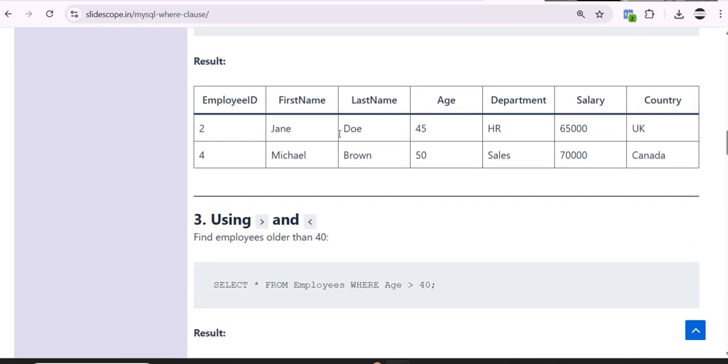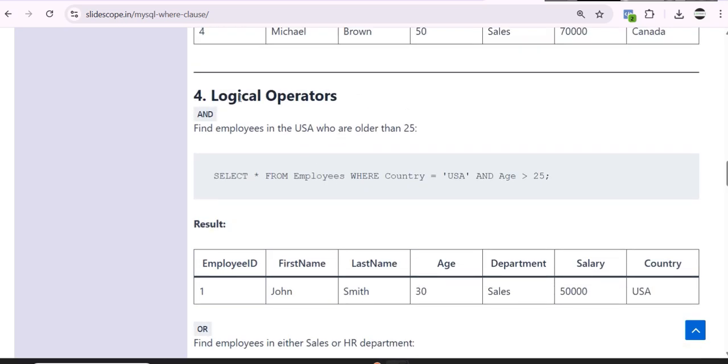Then we also studied some logical operators. Logical operators are and, or. So for example, if someone asks you to find employees in USA who are older than 25, here you can see there are two columns in question.